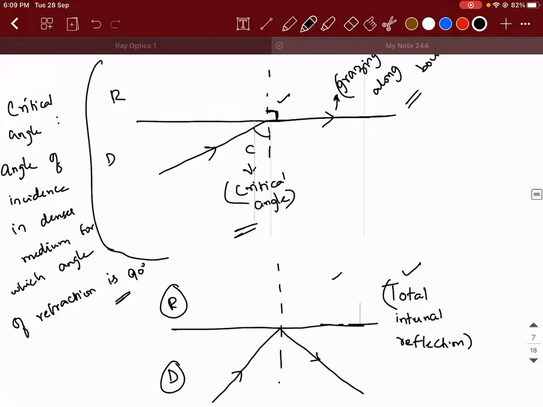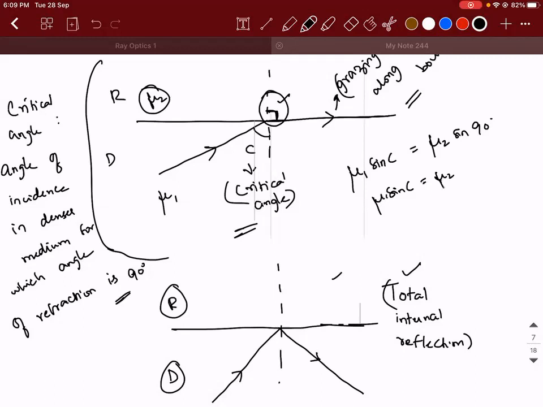If I take the refractive index of this medium as mu1, and the refractive index of the rarer medium as mu2, listen to this carefully again. Mu1 into sine C is equal to mu2 into sine of 90. So mu1 sine C will be equal to mu2, which implies sine C will be equal to mu2 divided by mu1.